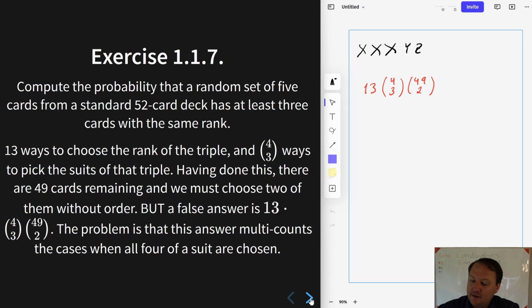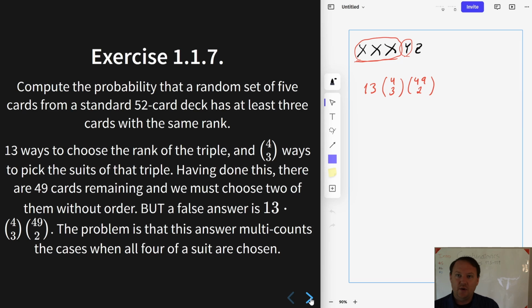However, if there were 4 cards all of the same rank, then we would have found a way to choose 3 of them here, and then another 4th one of the same rank in one of these other variables like y. And the problem is that this gets us multiple countings of the same scenario.